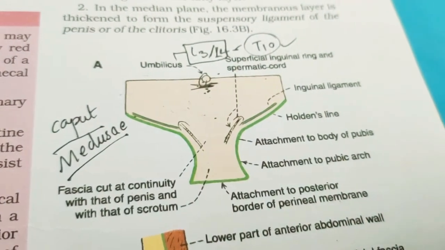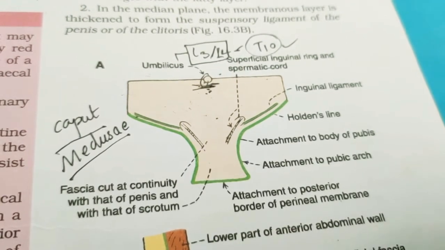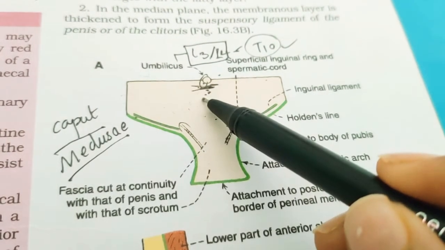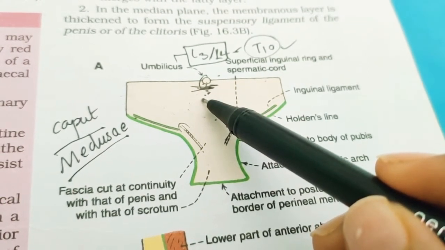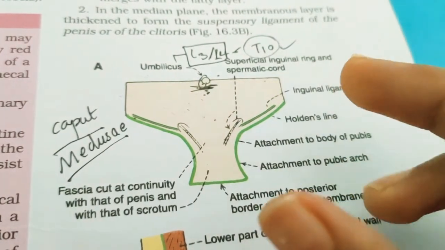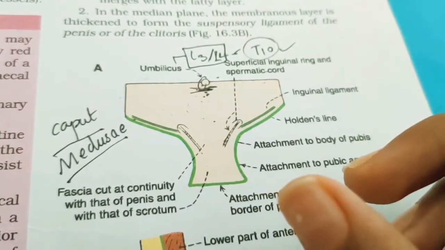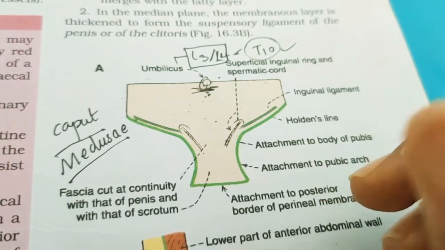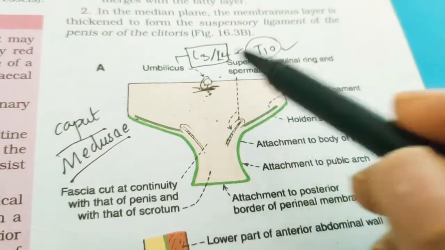So the umbilicus also has some embryological importance. The umbilicus is a meeting point of four folds of the embryonic plate, that is two from the lateral side and two from the medial side. So actually these medial and lateral head and tail folds of the embryonic plane are meeting at the point of the umbilicus.